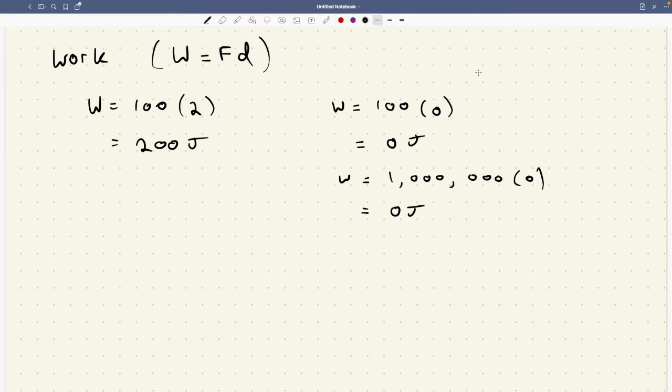So there needs to be a measure. There needs to be something that can be measured from the force that is being applied. Because as we saw over here, if there's no displacement, no distance moved, we haven't done any work. Doesn't matter how much force has been applied.